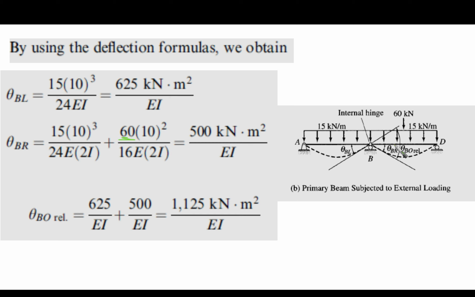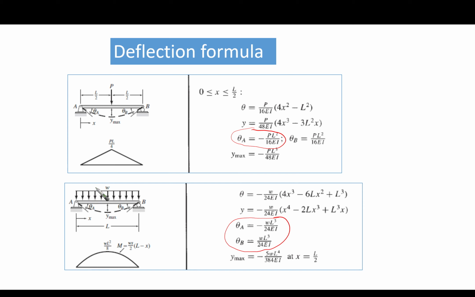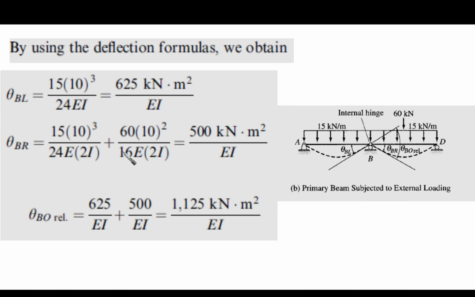Sorry, we're talking about theta BR here. So it is similar to, if we go to this case, theta A. Theta A is minus PL squared over 16 EI. So it is 60, the concentrated load, times 10, which is L, to the power 2 over 16 times 2I.